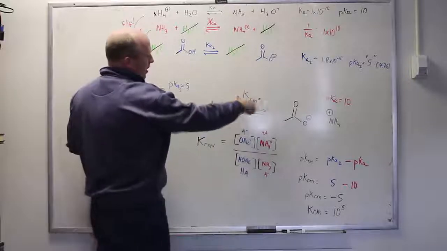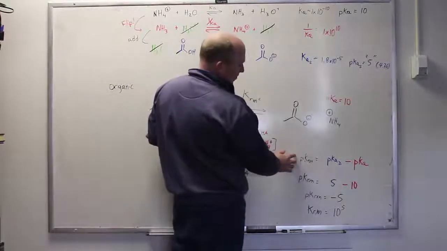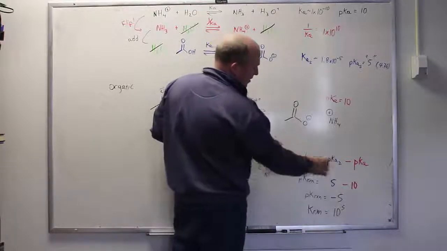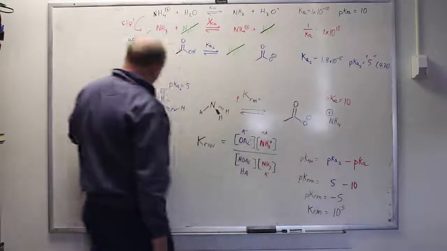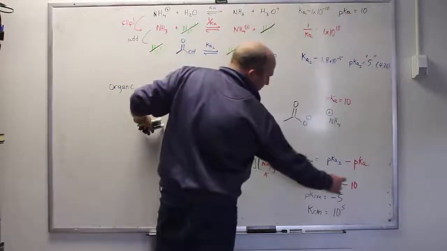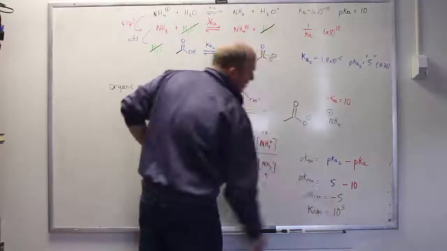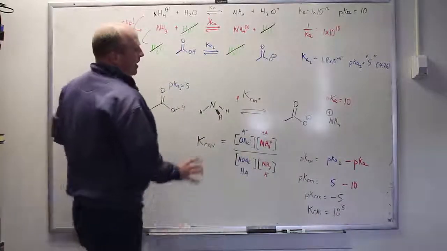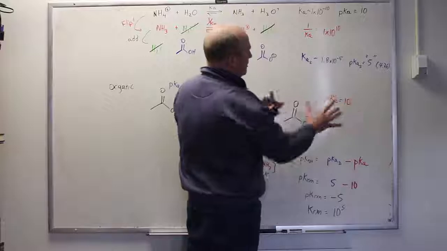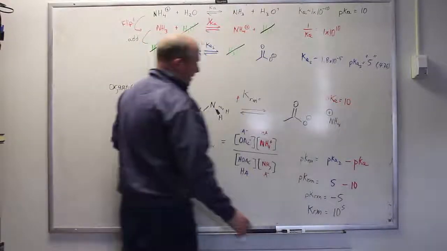And if I want to know where equilibrium lies, what the K for the reaction is, then I basically say, okay, the negative log of the K of the reaction is just going to be pKa2 minus pKa of the product. The difference is 5 minus 10, so the pK of the reaction is minus 5, so K of the reaction is 10 to the 5th. Said another way, there's 100,000 to 1. Reaction lies far to the right in this case.